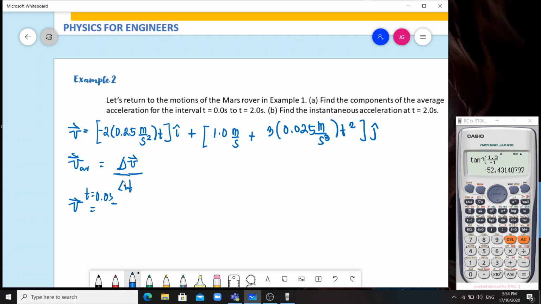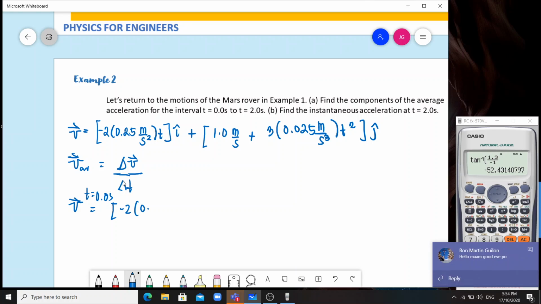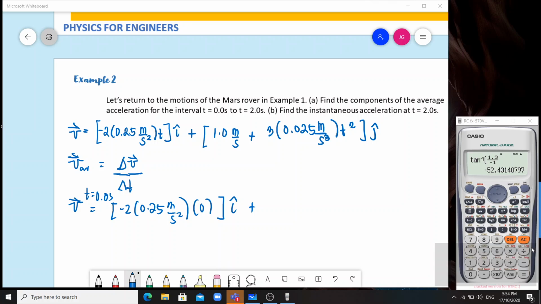Negative 2 times 0.25 meter per second squared times 0, i plus 1.0 meter per second plus 3 times 0.025 meter per second cubed times 0 squared j.